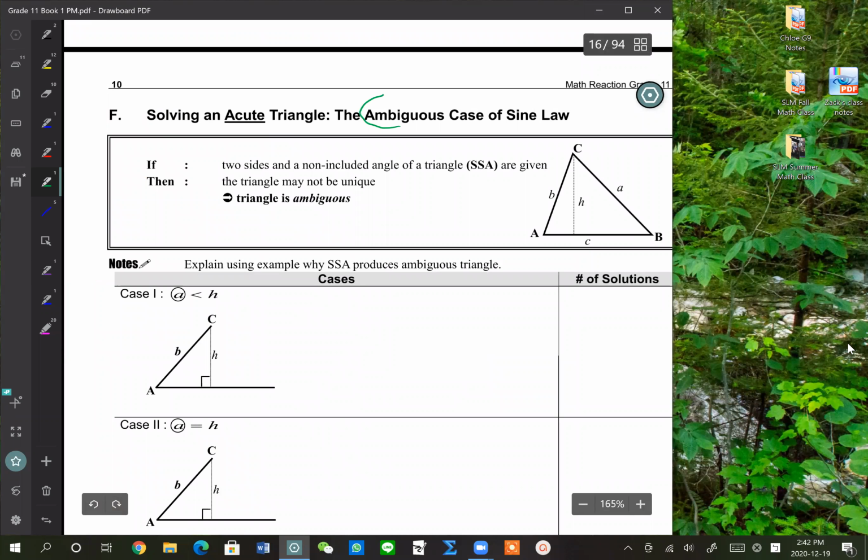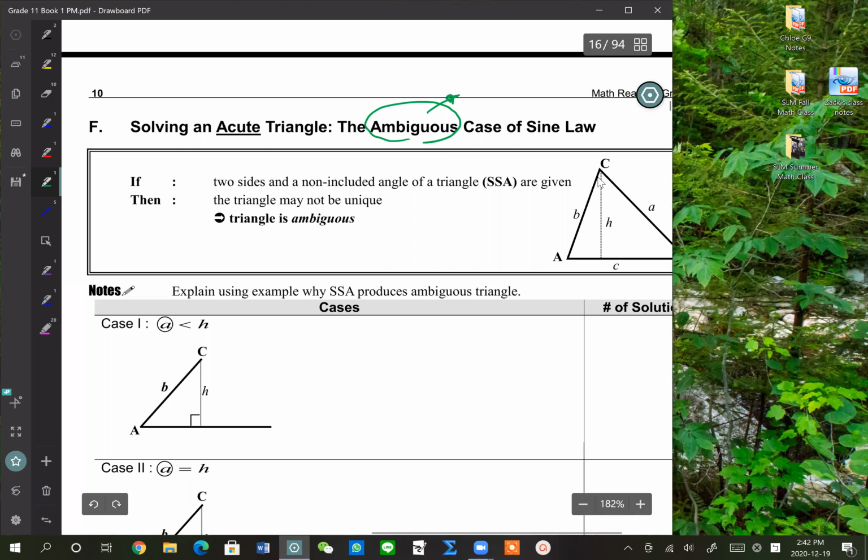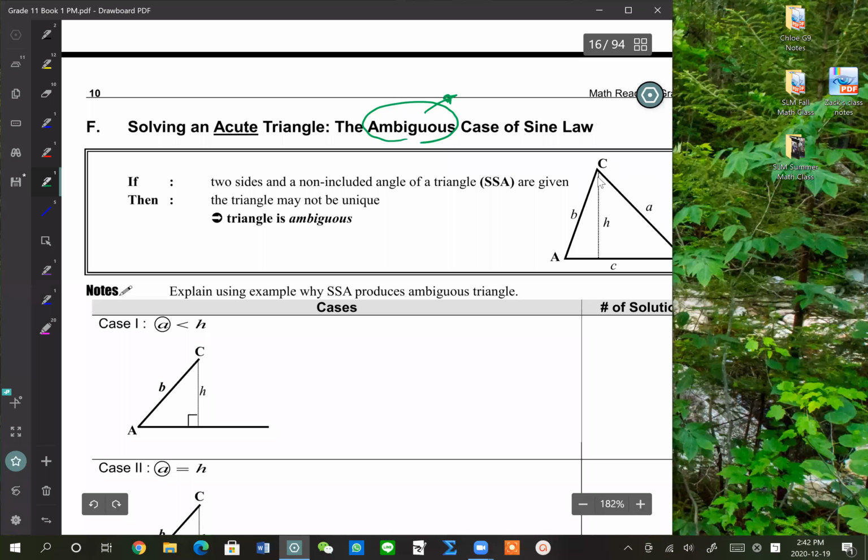Okay, does anybody know about this word? Ambiguous. Have you heard of it in any place using the word ambiguous? Chris, what do you think? What does that mean if you want to explain?